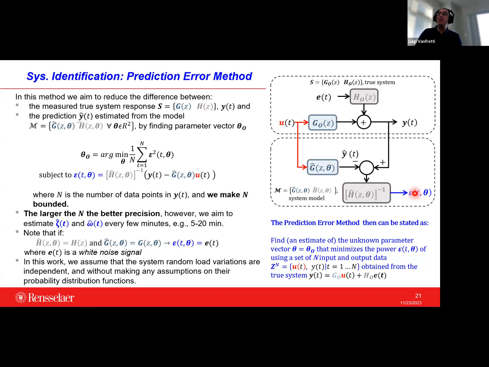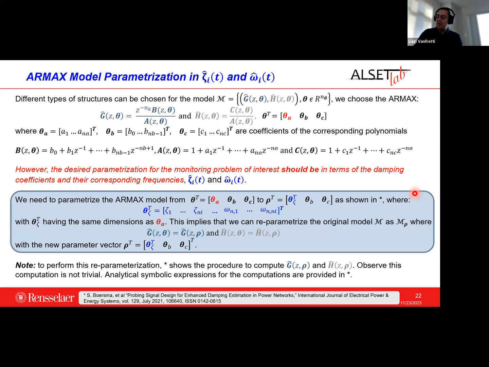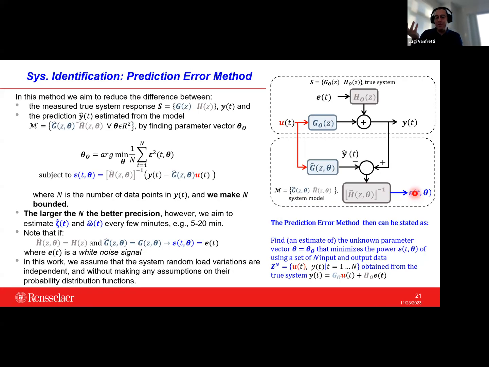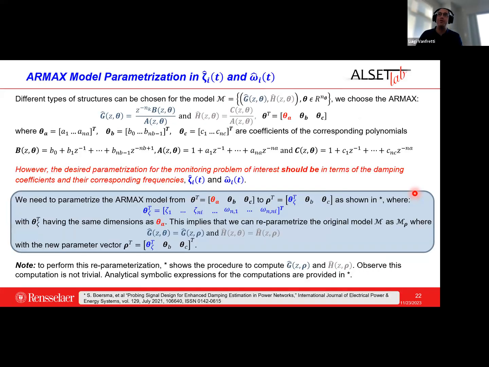All right, so what did we do that is new? If you see theta, it's really just the coefficients of the transfer functions that we're going to use. That is not frequency and damping.